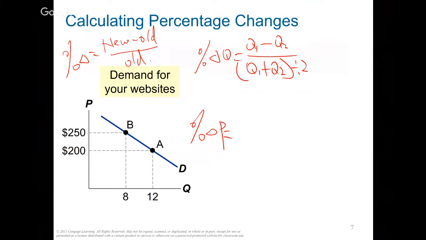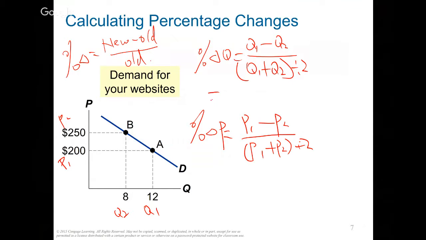And for price, same thing, P1 minus P2 over P1 plus P2 divided by 2. Once you do the midpoint method, it doesn't matter which point comes first, your final answer will be the same. So let's suppose this is P1, this is P2, and this is Q1, this is Q2.